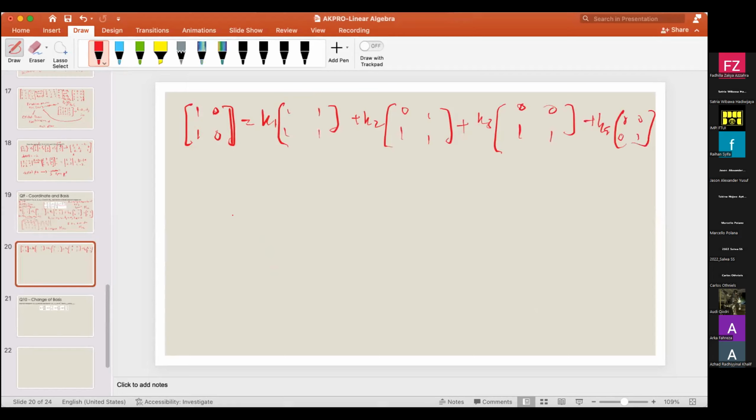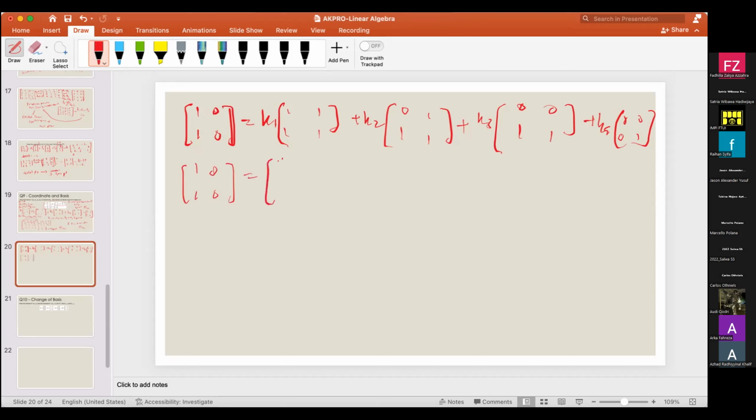Now we're going to do it with the same procedure as previously. Let me just make this easier for you and do it in matrix form. So this is [1, 1; 0, 0].